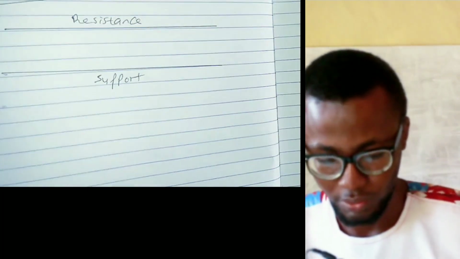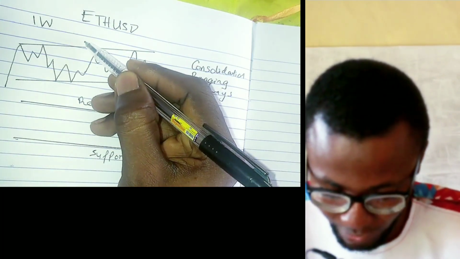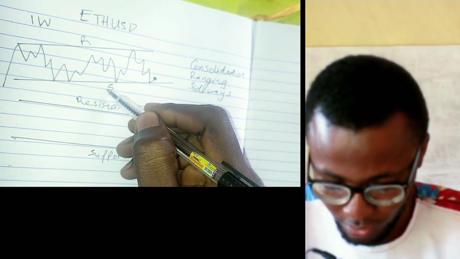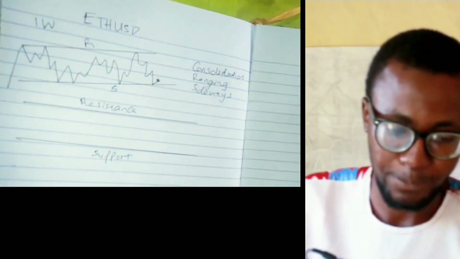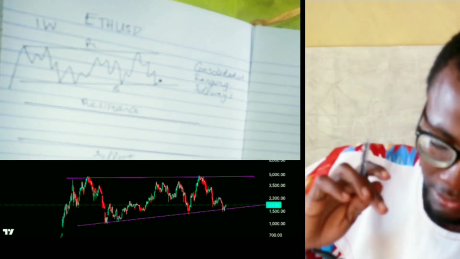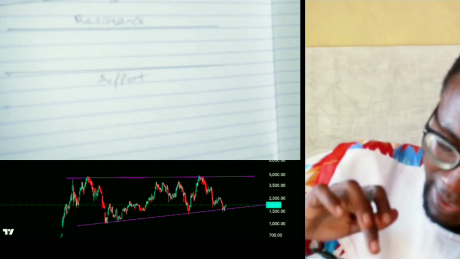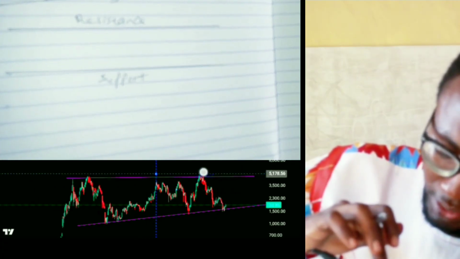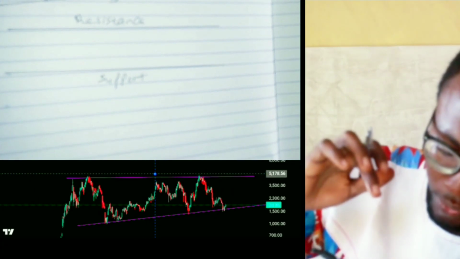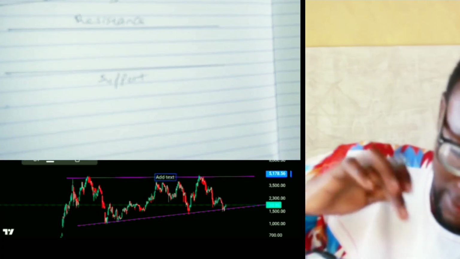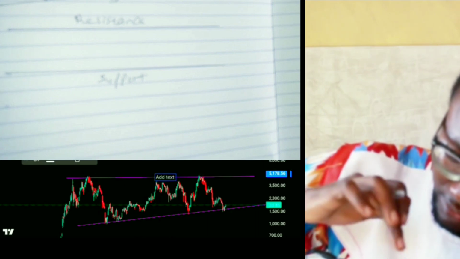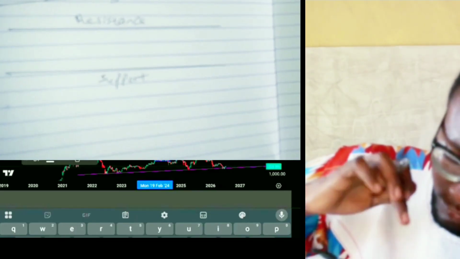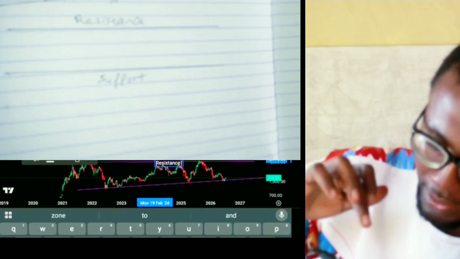So if you come to this chart now, you see that here is resistance, right? And below is what? Support. Let's come to the chart and do the same thing. If you look at the chart now, the purple line up is our resistance.